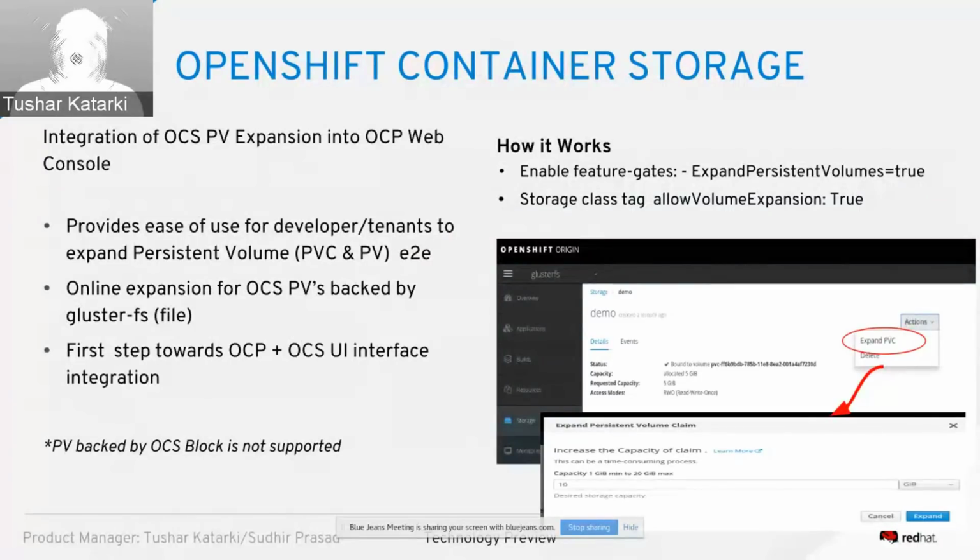Switching to storage, the OpenShift container storage, one of the exciting new things, we've been adding a number of features, including to the storage console, the OpenShift web console. This feature is basically talking about PV expansion, the persistent volume expansion that can be accomplished using the web console. Today, if you need to increase the PV sizes, then you need to go and edit the YAML file itself and then request the new size, and that will result in an increase of the PV size.